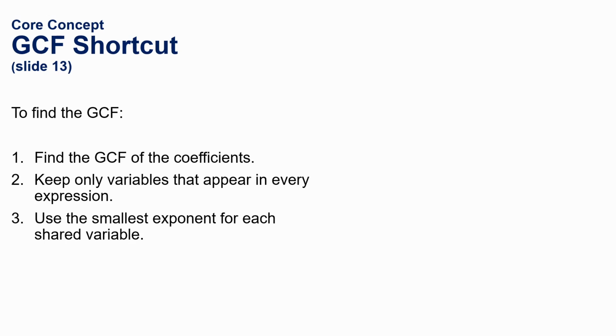So to clarify this greatest common factor shortcut that I've been talking about, once you understand the full process, you can use this particular shortcut, which is to find the GCF of the coefficients, which we've been doing, and then keep only variables that appear in every expression, and then use the smallest exponent for each of the variables here.